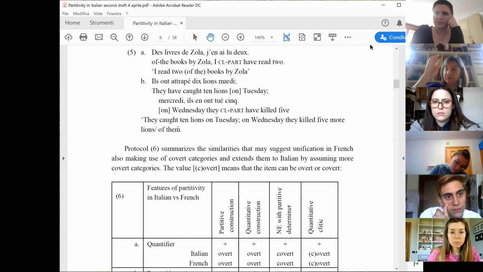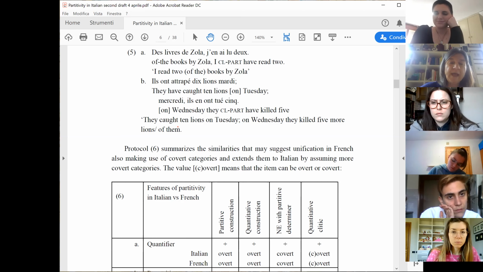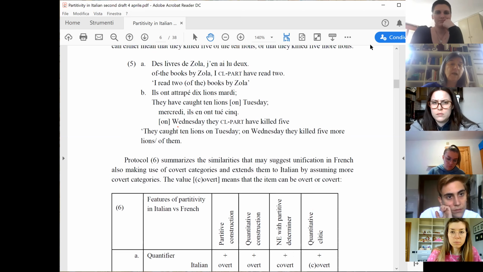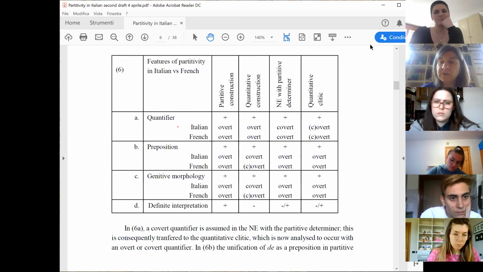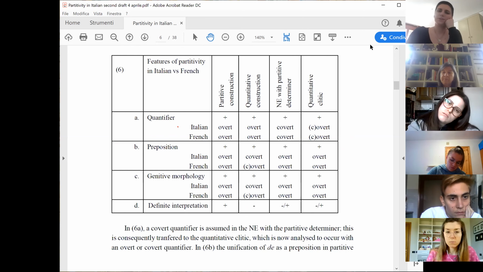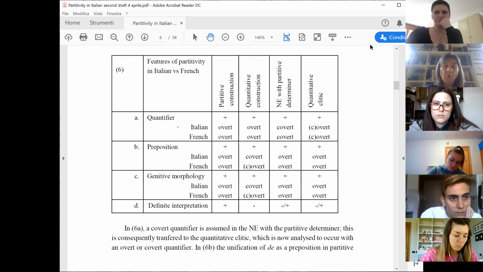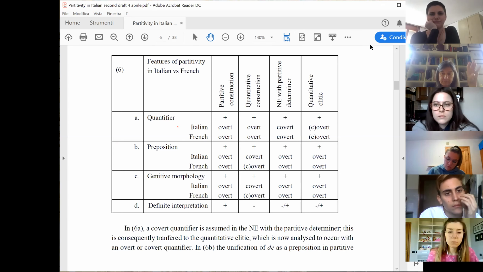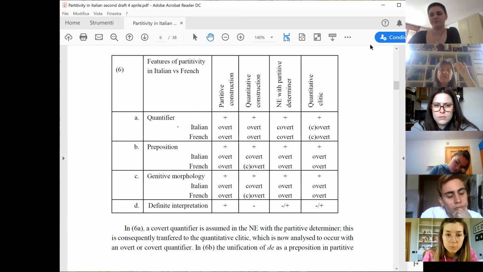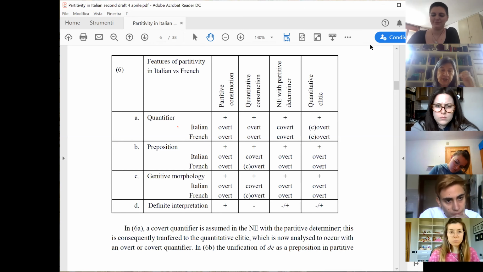Observing that even in German, where ne is missing, we have this ambiguity, a unification protocol would look like protocol 6, where I have features: presence of the quantifier, presence of the preposition, appearance of genitive morphology, and definite interpretation.